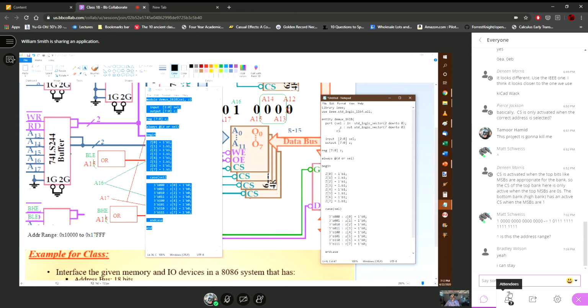I'll have my close parentheses there, and then a semicolon after that. And I'm going to end.